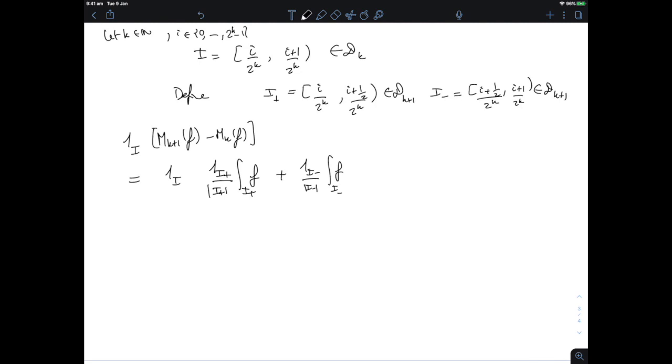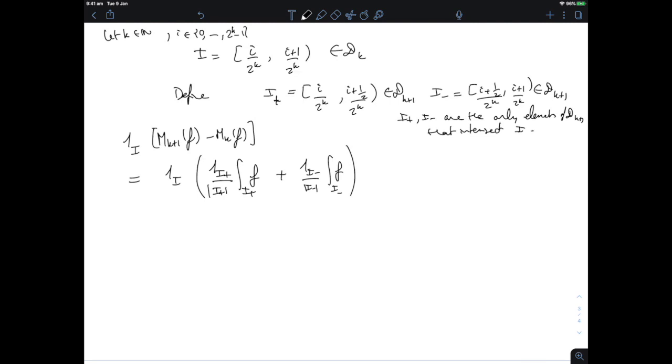You just get a piecewise constant function with indicator functions of the elements of D_{k+1}, and I plus and I minus are the only elements of D_{k+1} that intersect I. Right.